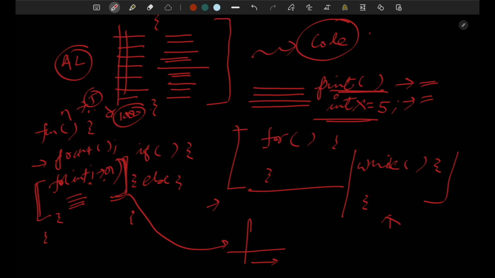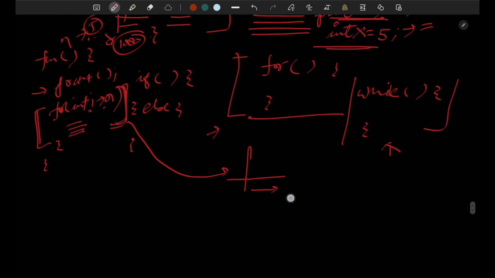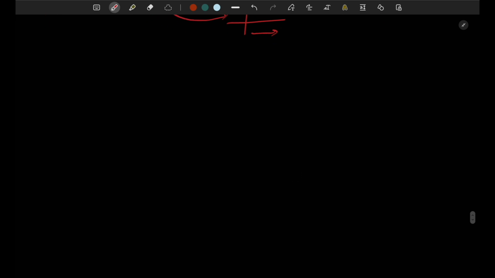So with this in mind, let's learn that any particular algorithm will be consisting of, for the sake of simplicity, one liners. Then there would be certain looping constructs.